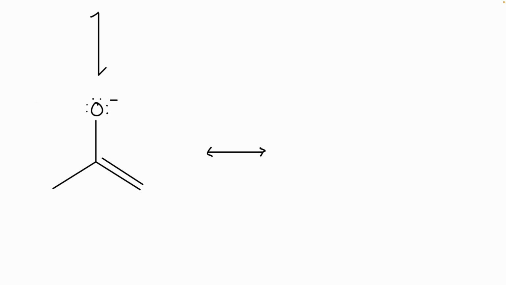This was our only resonance pattern that required those two electron pushing arrows. Our lone pair can come down here, but we can't break that carbon's octet rule.